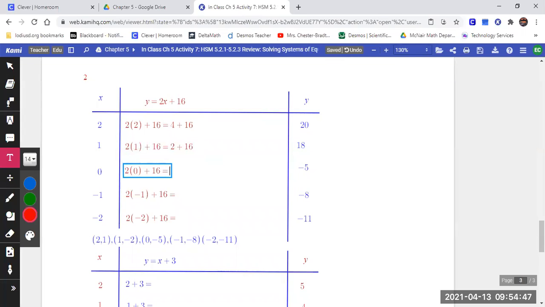What's it going to say? 2 times 0. So this is going to say 0 plus 16. And on the far left, it's just going to say 16, right?